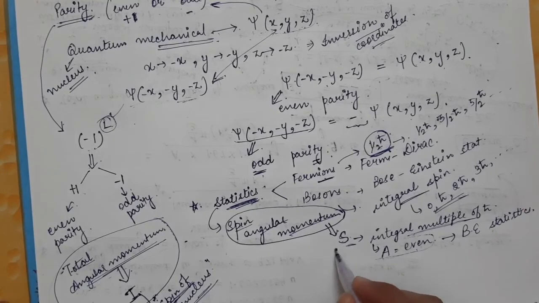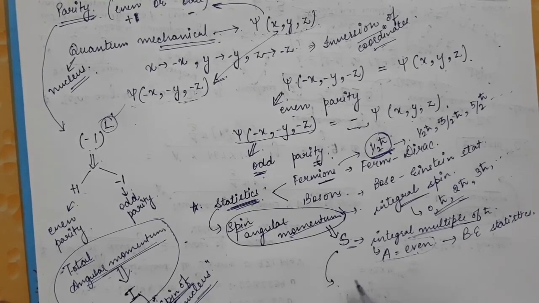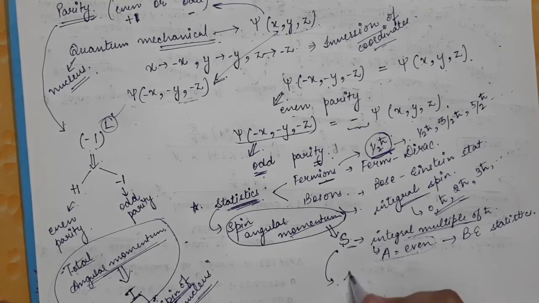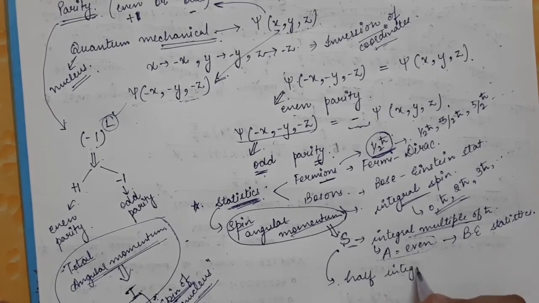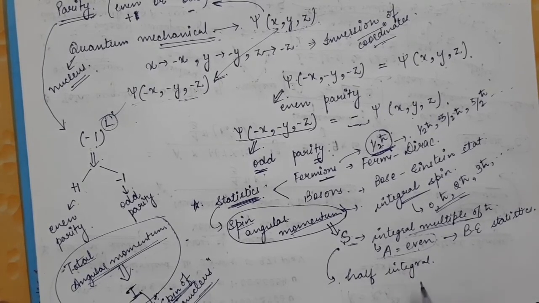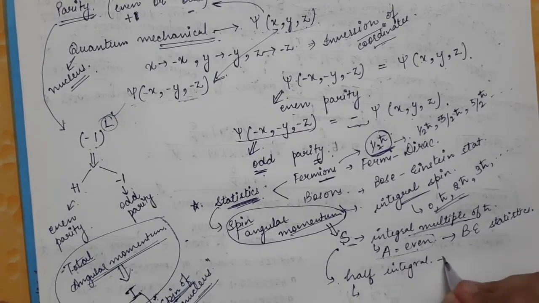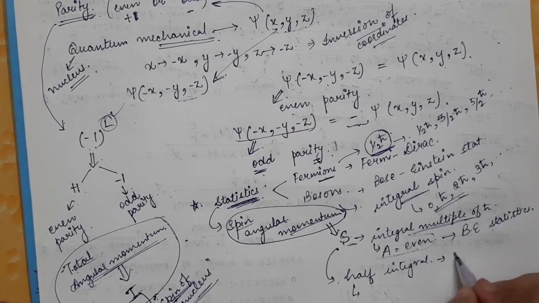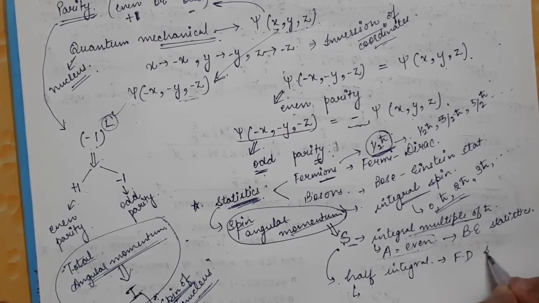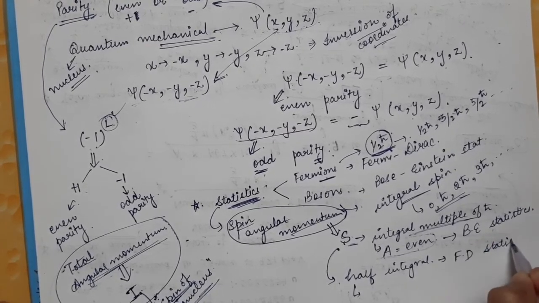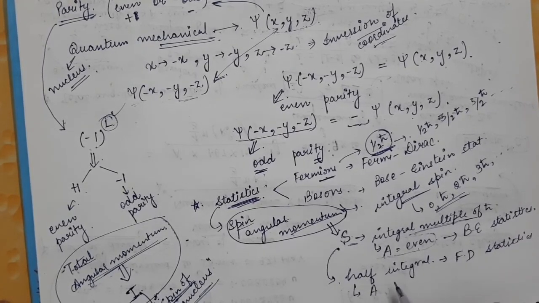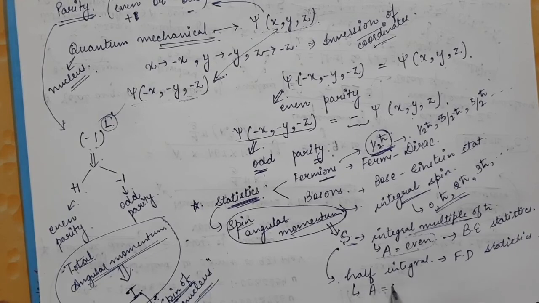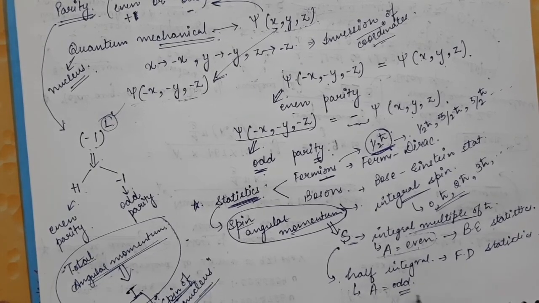And similarly, when the spin angular momentum of the nucleus is a half integral multiple, then the nucleus will follow Fermi-Dirac statistics. This occurs when capital A, the number of nucleons present inside the nucleus, is odd.